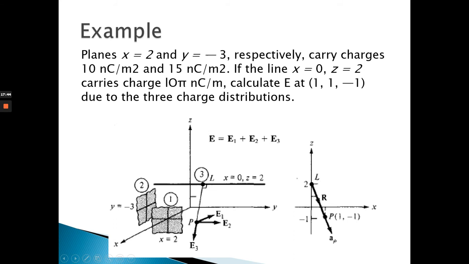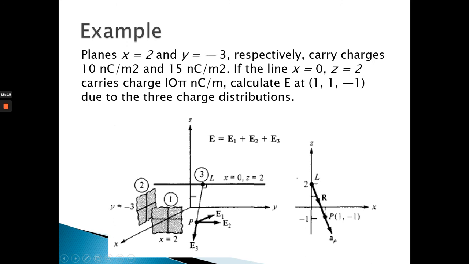So we have three different charge distributions. We define x equals 2 as a surface charge carrying this much, y equals minus 3 as another surface charge of 15 nanocoulomb, and this is our line charge. Due to these three, we need to calculate the final E at (1, 1, minus 1).